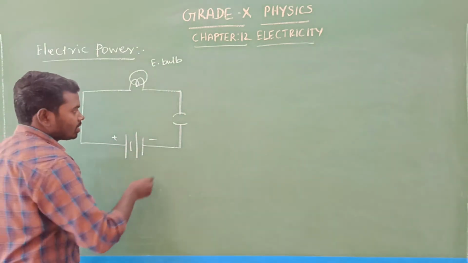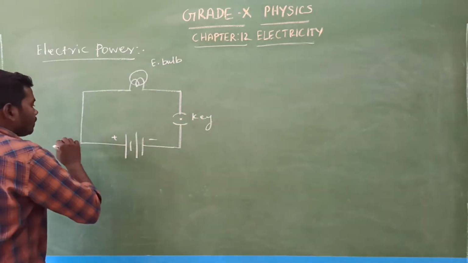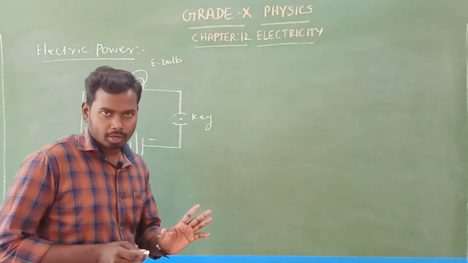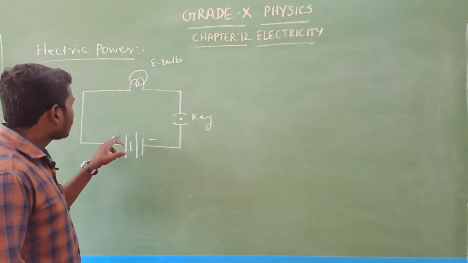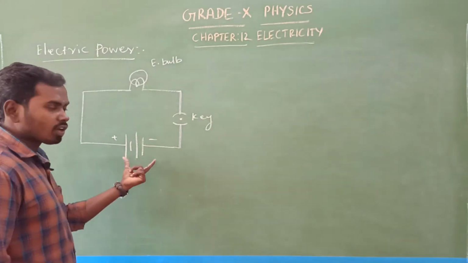This is the key, which generally we say is a switch. Now we are going to see what electric power is. Let's start with an example. Consider an electric circuit where an electric bulb is connected along with the two terminals of a battery.